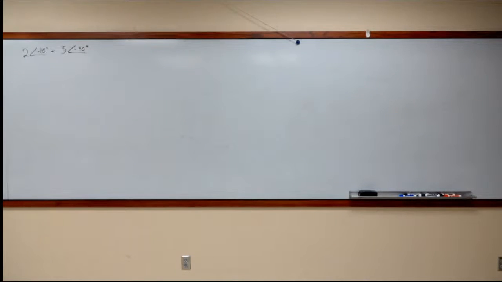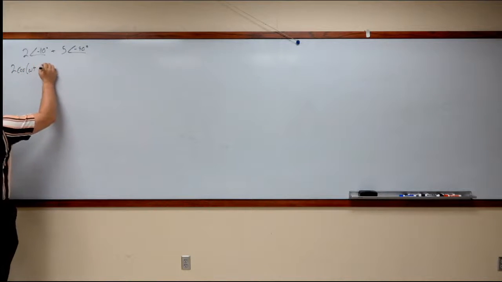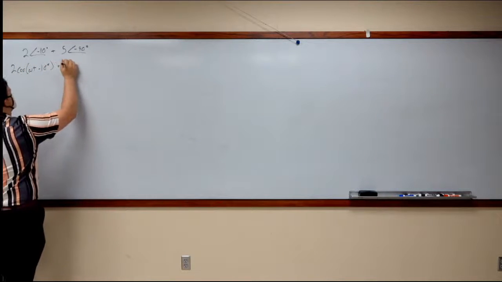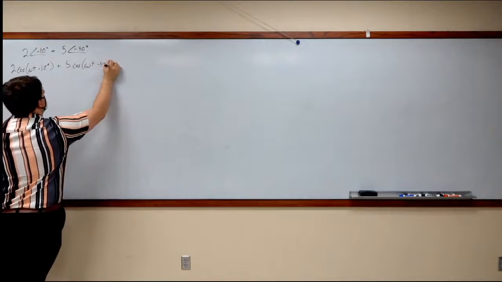Okay, and you can find this by figuring out sines and cosines. All this means is you have 2 cosine omega t minus 10 degrees plus 5 cosine omega t minus 90 degrees.